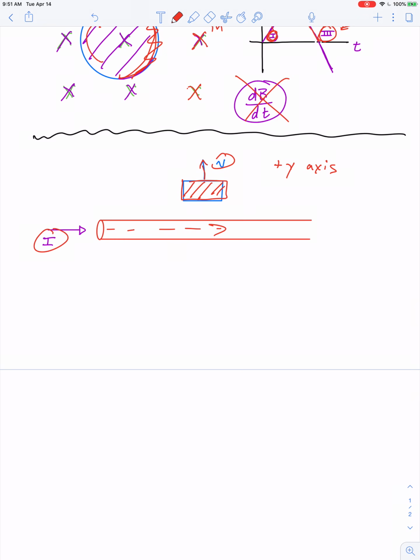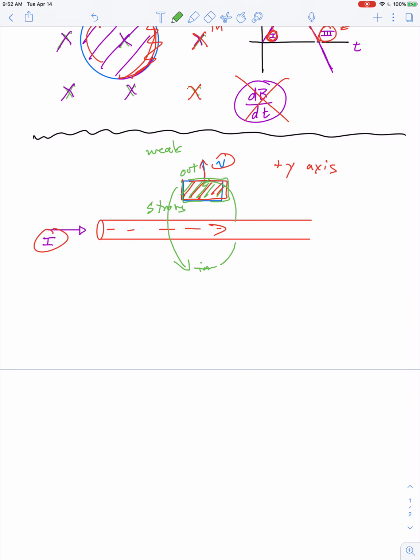If you use the right-hand rule and try to illustrate the magnetic field lines, I think magnetic field lines go down like this, then they point in, then they wrap around behind the wire, and here they're coming out of the page. So there's magnetic field passing out of the page through the area of this loop, but the field is strong here and weak here.